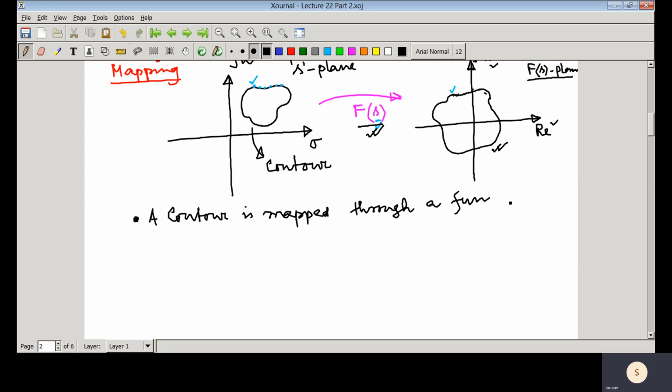The second thing is what the shape of that contour would be. That mapping depends on F(s).